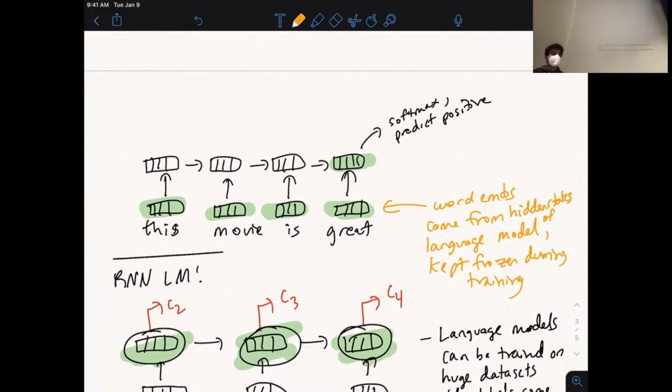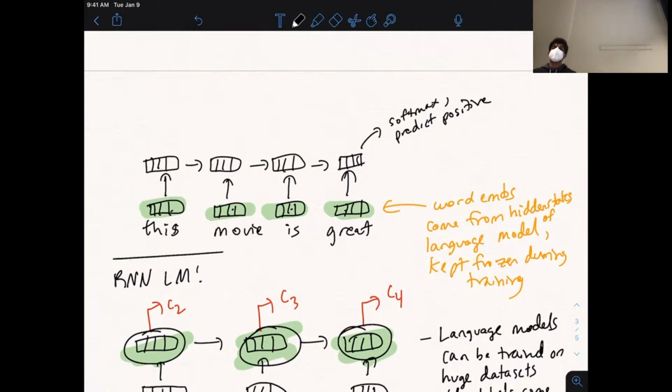So in this case, the input to my sentiment recurrent neural network is frozen representations from an RNN language model. And the sentiment network now, let me delete this. The sentiment network only needs to learn how to get the information about the positive or negative sentiment out of these powerful representations of the sentence. Note that these are not learned from scratch anymore.